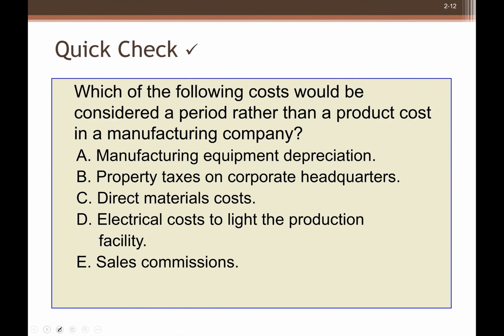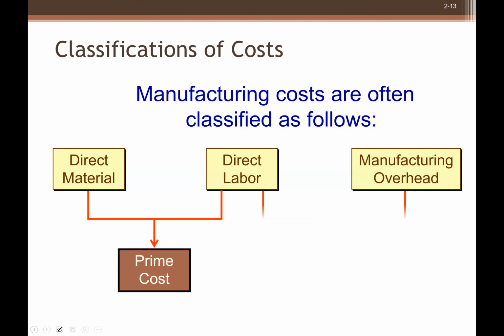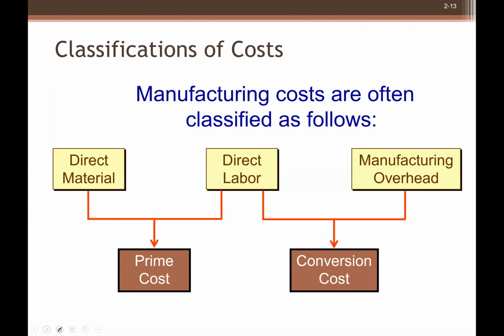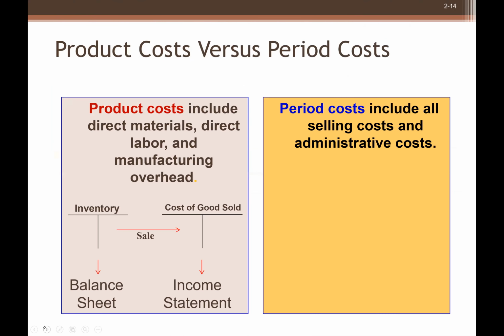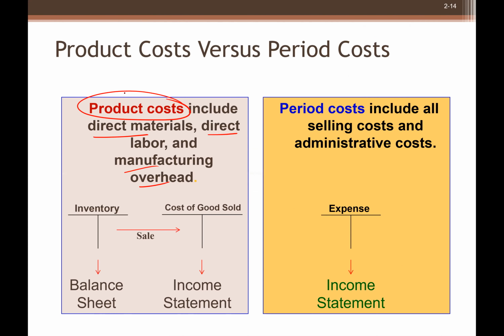Product cost includes direct materials, direct labor, and manufacturing overhead. So it means product cost can be exactly equal to manufacturing cost. Right?